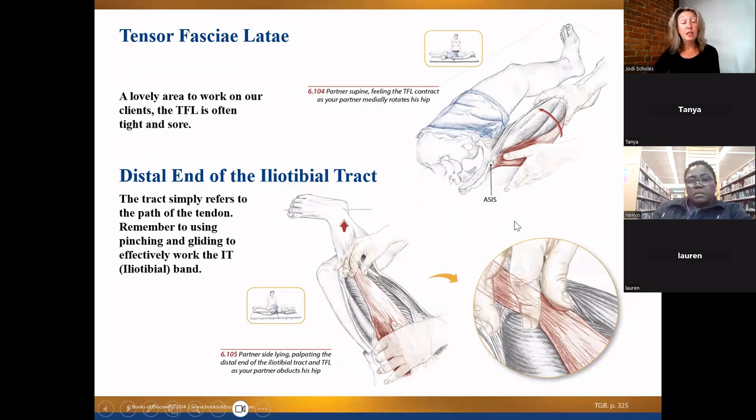A few other names, a few other words. So the distal end of the iliotibial tract. So the distal versus the proximal end. Think again, all of these directions are from anatomical position. Anatomical position is standing up, facing forward, palms facing forward.